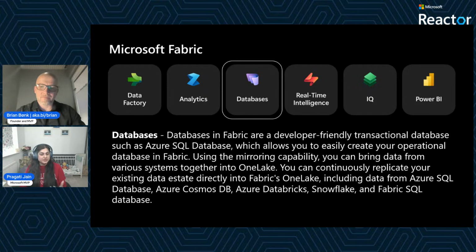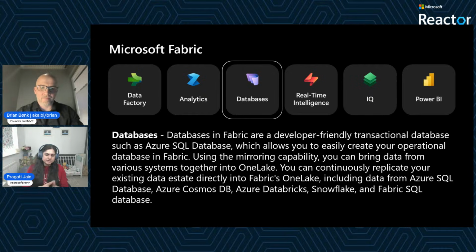And what you can do is mirror many different capabilities in the databases from various systems into your OneLake. You can also continuously bring your data estate directly into your Fabric OneLake. For example, if your data is in your Azure SQL database, or Cosmos DB, or Snowflake, you can bring everything into this Fabric SQL database.